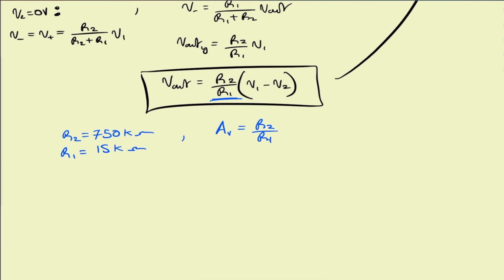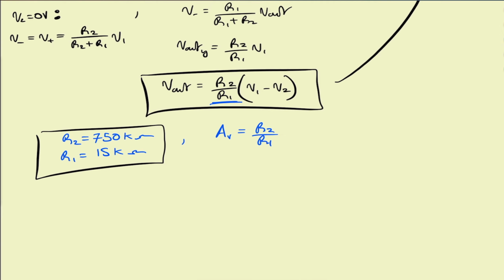So here we see that by using the 5% tolerance resistors, we can use R2 750 kiloohms and R1 15 kiloohms, and we'll get a voltage gain of 50.